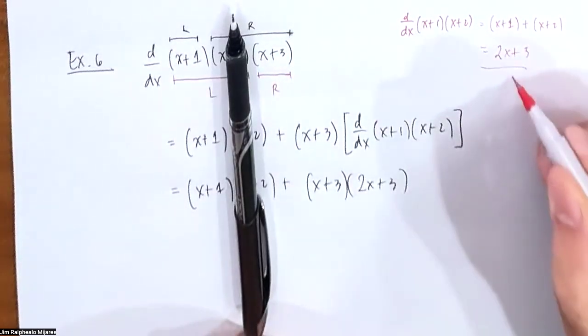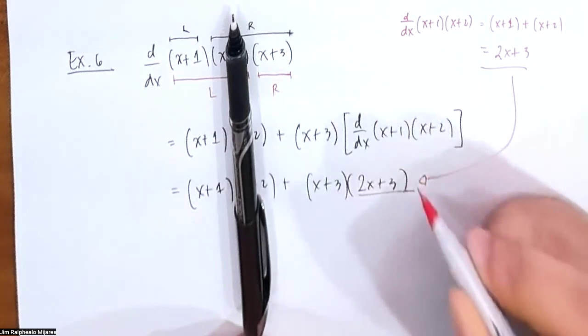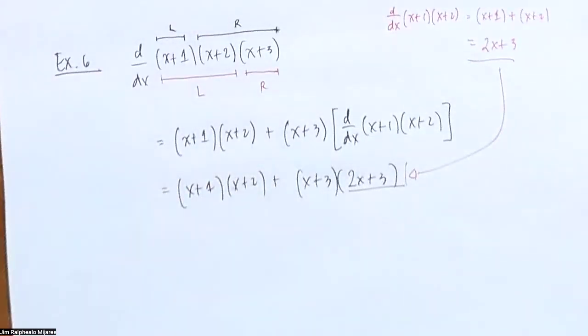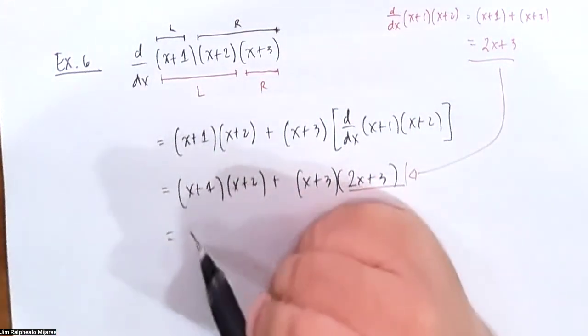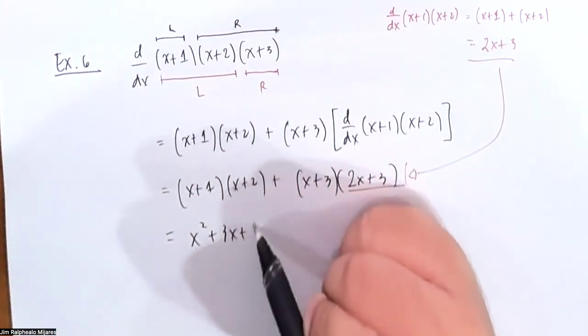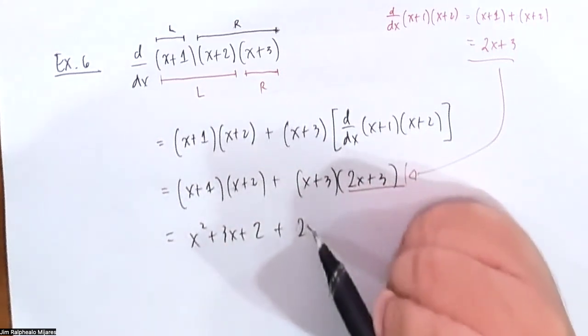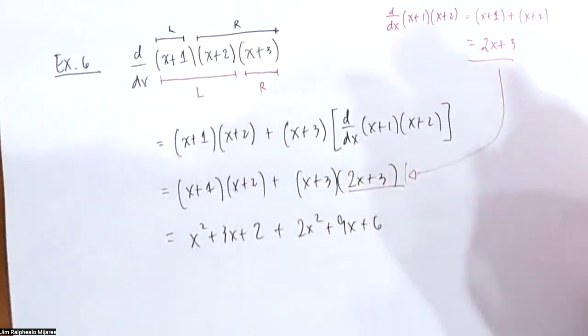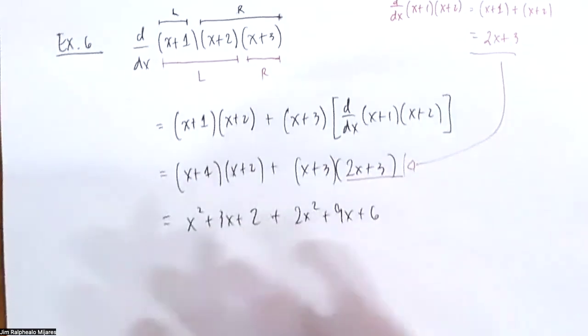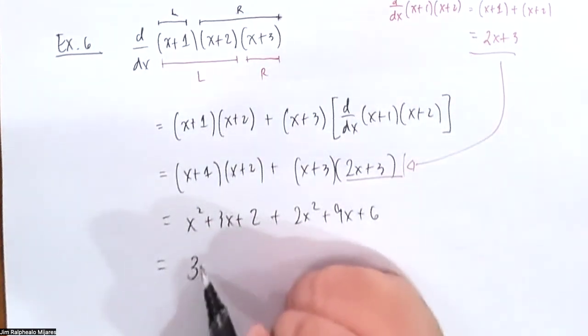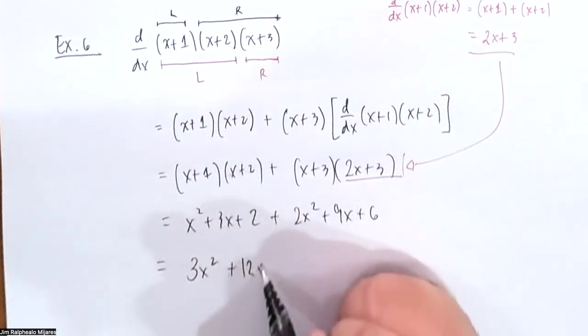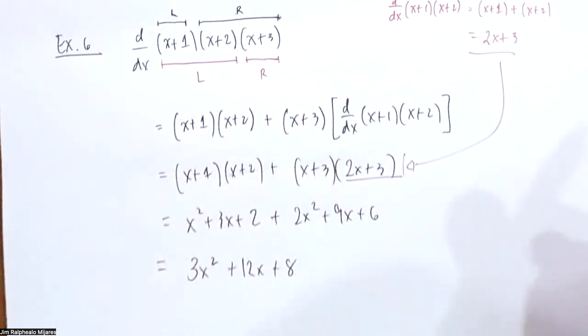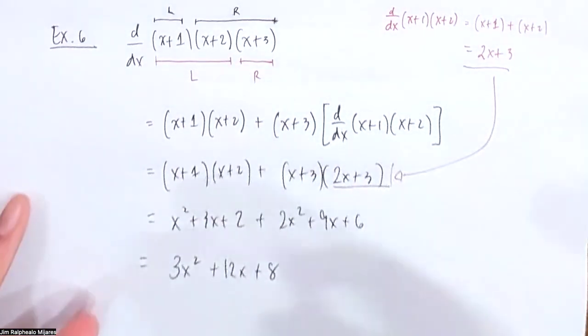Again, we input this here. Okay? And of course, you can simplify this. x squared plus 3x plus 2 plus 2x squared plus 9x plus 6. Okay, using FOIL. Do not forget your FOIL. And the final answer is 3x squared plus 12x plus 8. Okay, check.